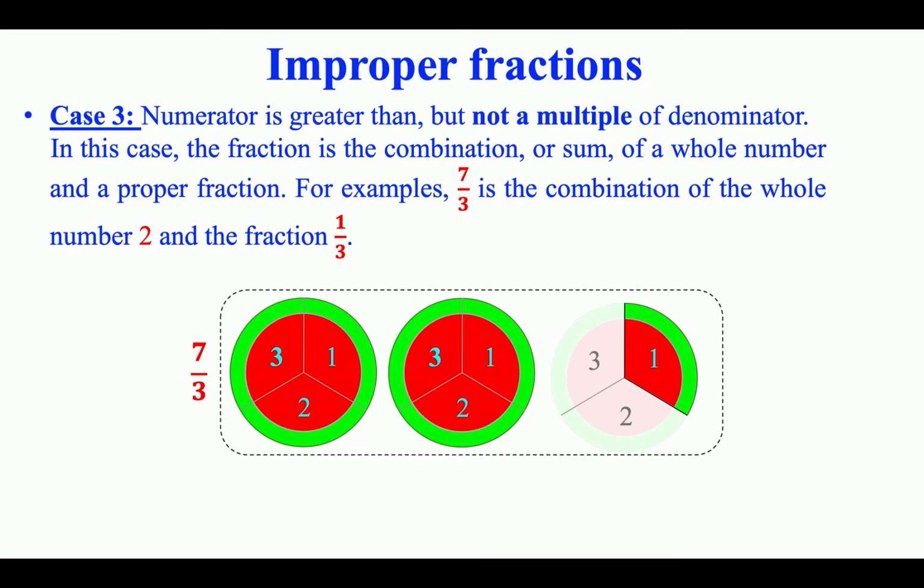Improper fractions. Case 3. Numerator is greater than, but not a multiple of denominator. In this case, the fraction is the combination, or sum, of a whole number and a proper fraction. For examples, 7/3 is the combination of the whole number 2 and the fraction 1/3.